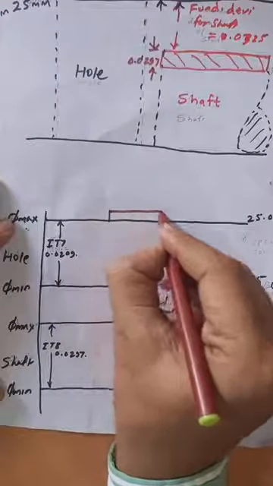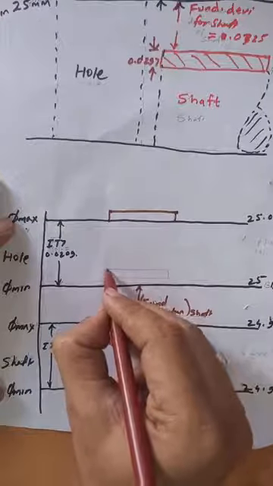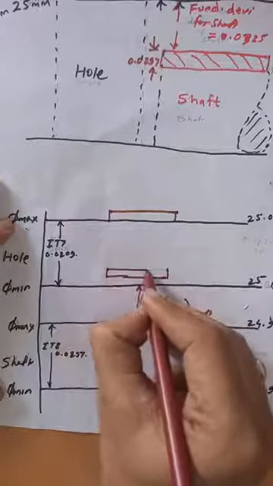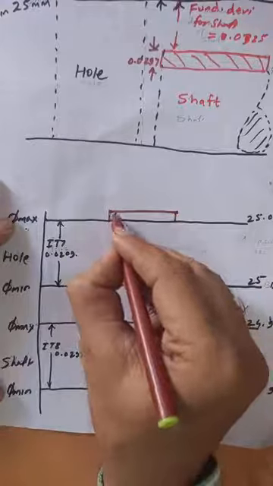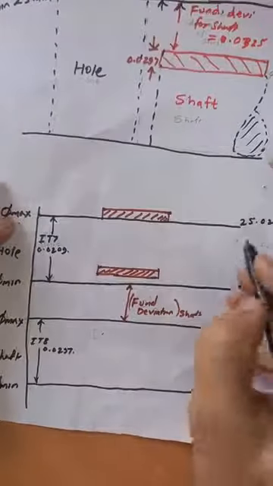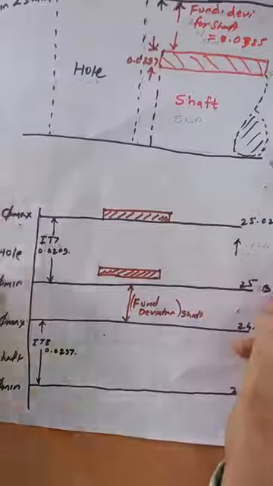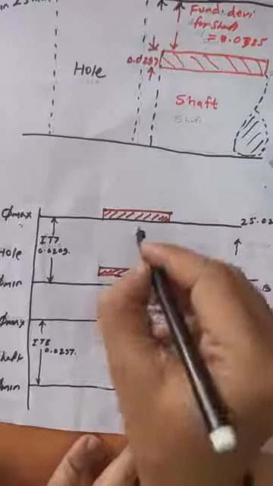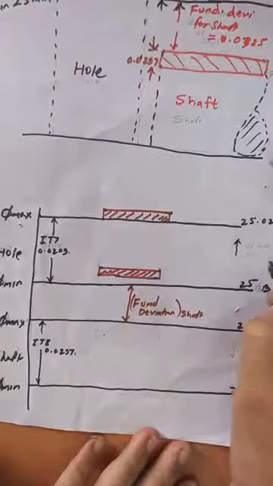Okay, now we'll draw the tolerance zone for gauge tolerance and wear allowance for hole and shaft. So always remember, the gauge tolerance for hole is always upside, so we have to give it on the upper side.